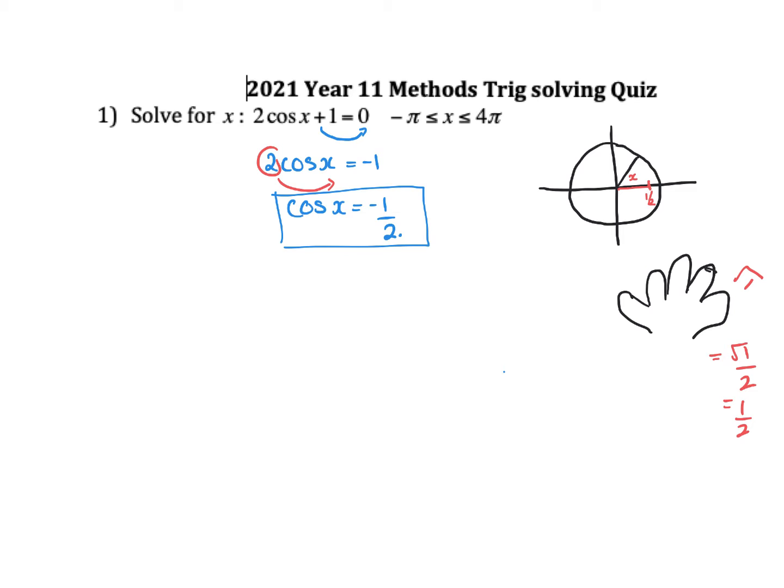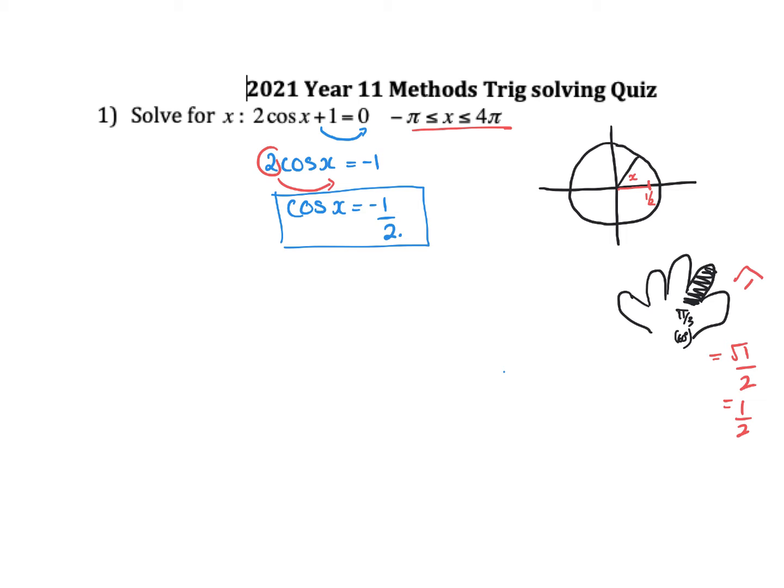That means I would put this finger down, and that finger is either pi on 3 or the 60-degree finger. Because we're talking about radians up here in our domain, we will keep it as pi on 3.